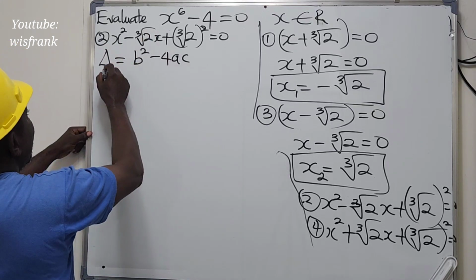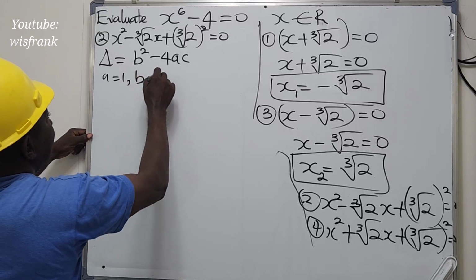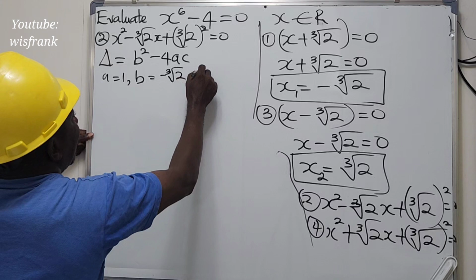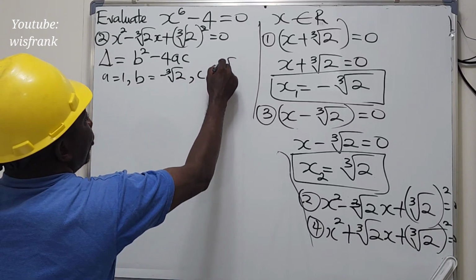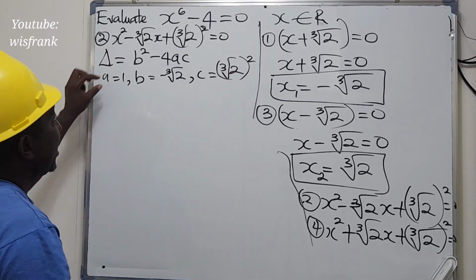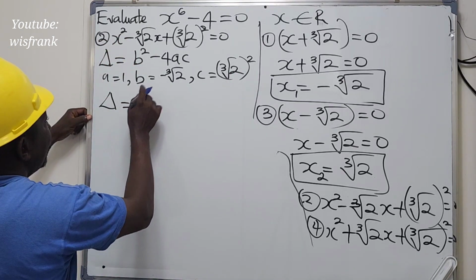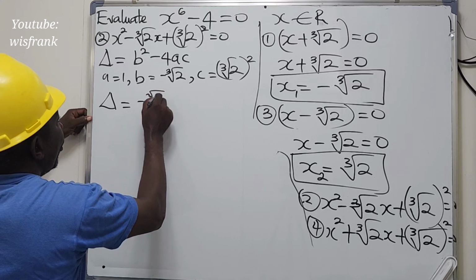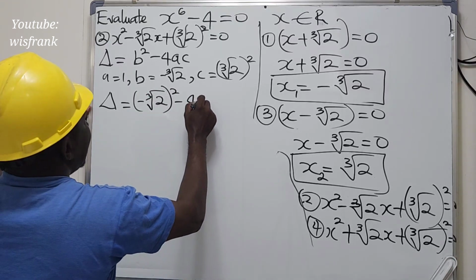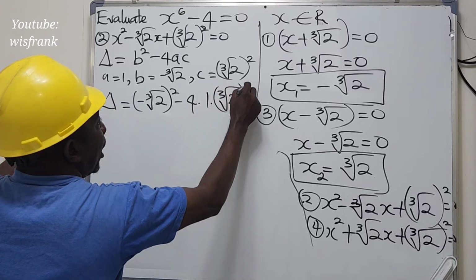In this situation, we have a value of a as 1 and a value of b as minus cube root of 2. We have a value of c as cube root of 2 all to the power of 2. Substituting this into the formula, our discriminant will be equal to minus cube root of 2 all to the power of 2 minus 4 times 1 times cube root of 2 all to the power of 2.